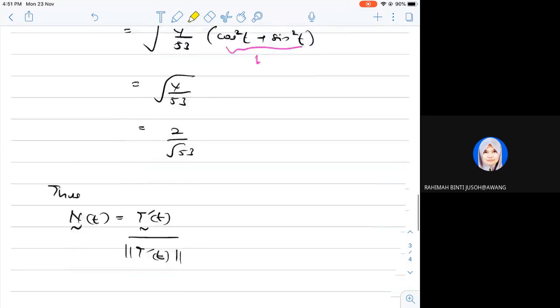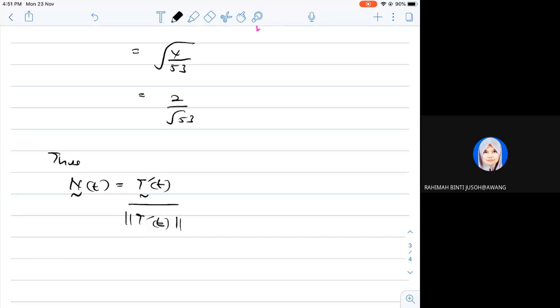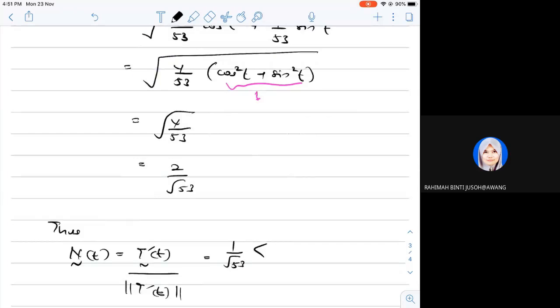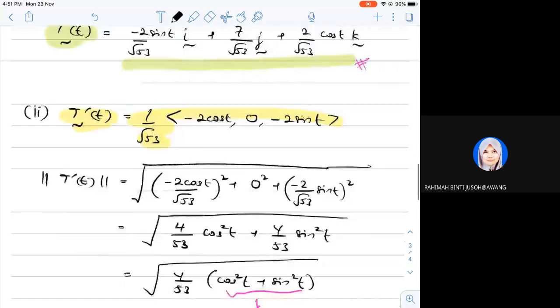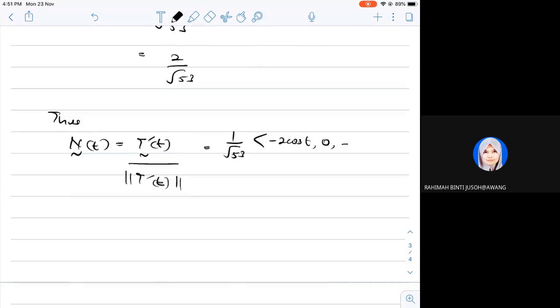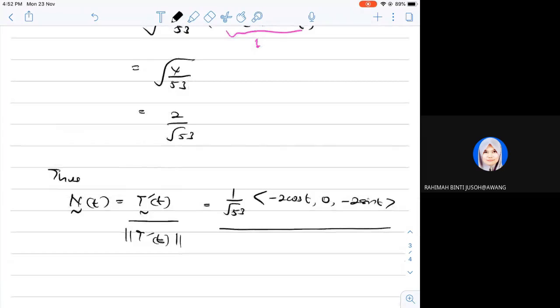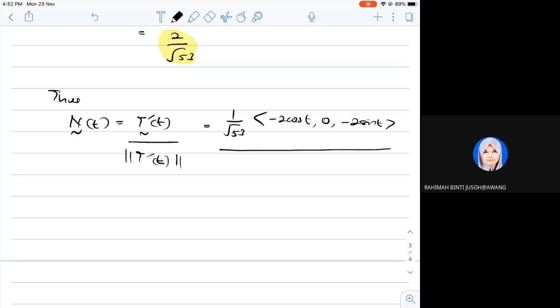So we have equals to 1 over square root 53 multiplied by negative 2 cos t, 0 and negative 2 sin t, divided by the magnitude of T prime t, which is 2 over square root 53.